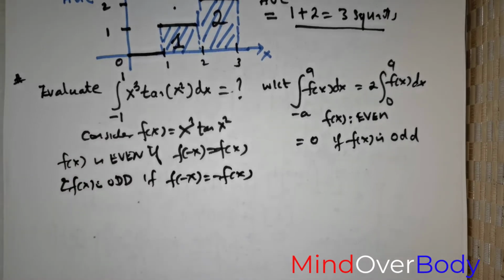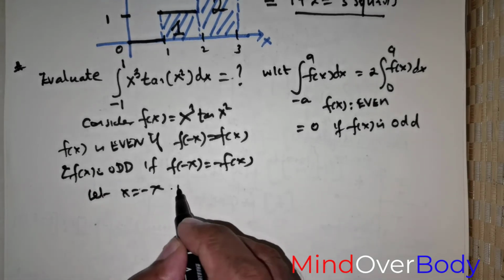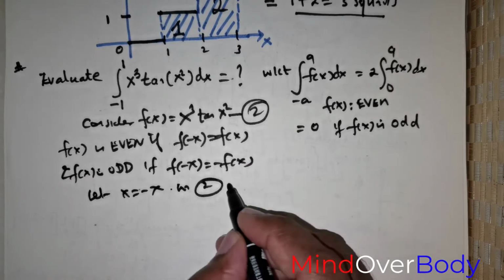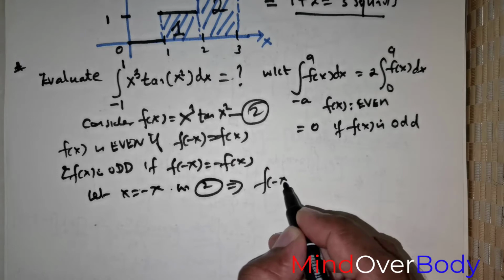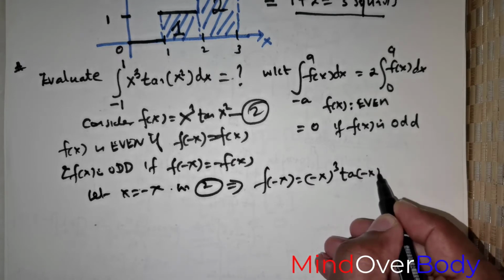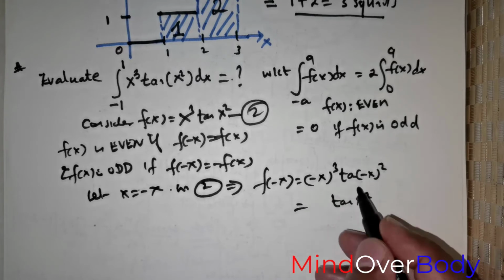Right, so having mentioned this property, let me substitute x being equal to negative x in equation 2. So this would mean f of negative x is equal to negative x raised to the power of 3 times tan of negative x raised to the power of 2. This is going to give me tan x squared, so that is comforting.